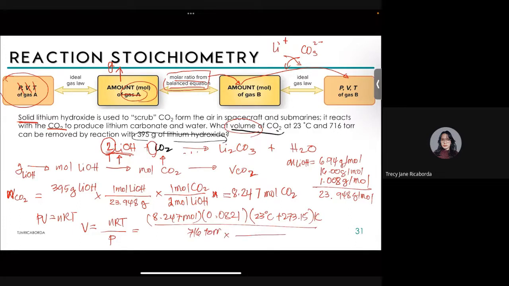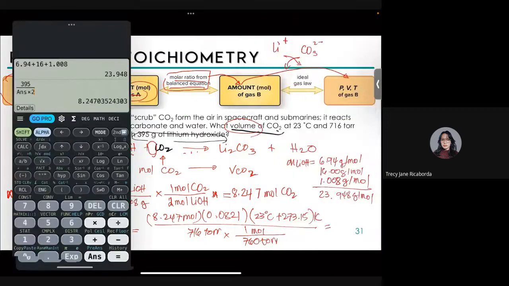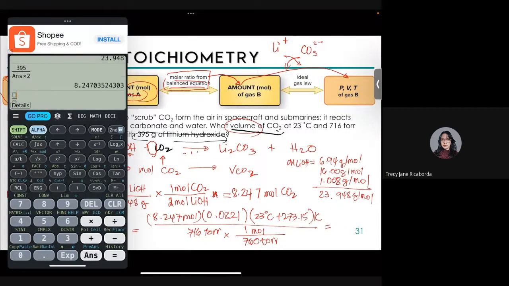Convert to atm, that's 760 torr per 1 atm. 716 divided by 760. That gives you a total of 212.84. Let's reduce that to 3 significant figures, 213.